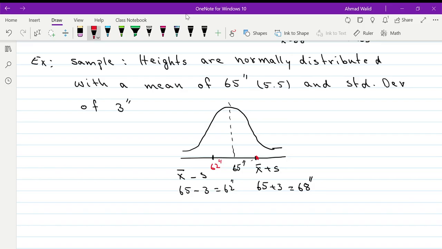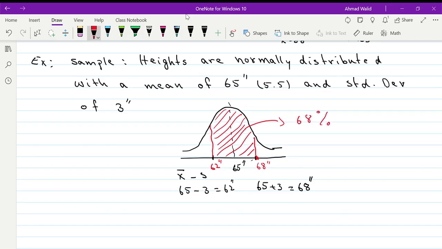It means here I have 62 inches, 1 standard deviation away. Here, if I erase this part to come right there, I have 68 inches. And 68%, when you are 1 standard deviation away from the mean, it's your 68% of your data, correct?